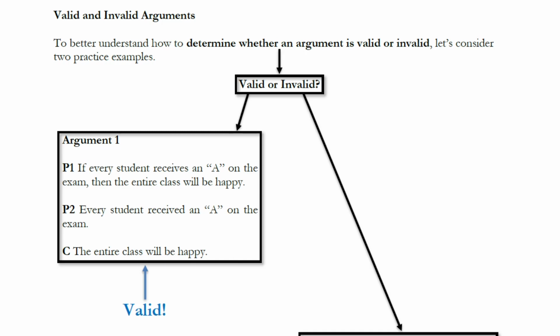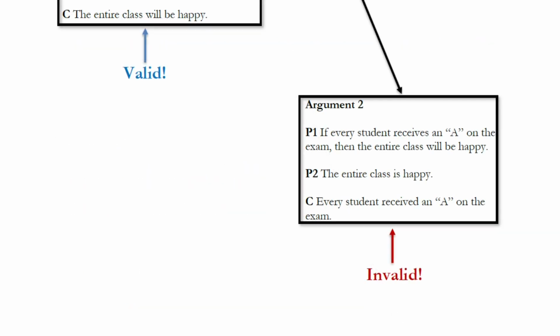So from this, it necessarily follows that the entire class will be happy. This means that what you're looking at is a valid argument. Its underlying logical structure is valid such that it is impossible for the premises to be true and for the conclusion to be false.